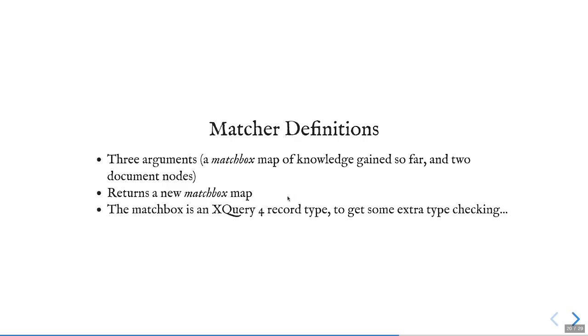The matcher must return a new matchbox map, and the extra type checking is really useful. So basically, it receives this map as an input. It will call functions that update the map, or actually return new copies of the map with extra information in them, or less, or changed information, and that's what it will return at the end.